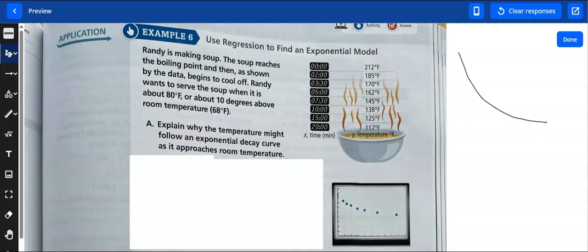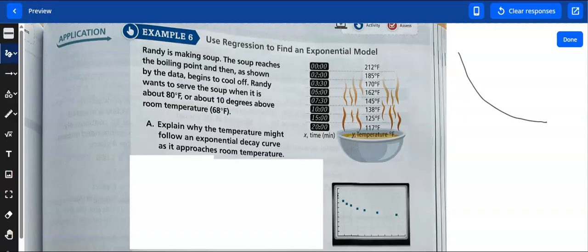When you pull something out of the microwave and just let it sit out on a counter, what is it trying to get closer to? Room temperature, right? It's not going to go below the room temperature of the air around it unless you throw that doggone thing in the fridge or freezer. Talk about it when we get back.